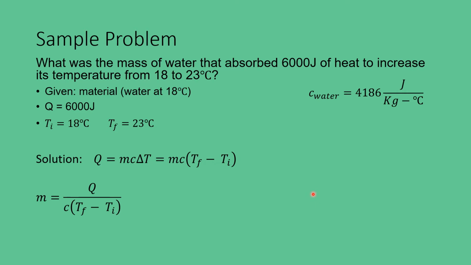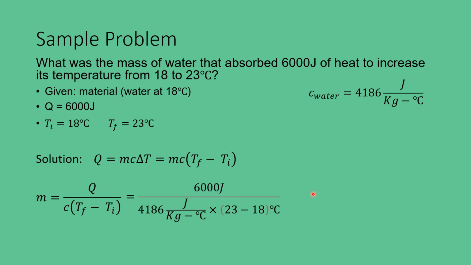So we can now substitute all of these values to our formula for mass, and this will become 6,000 joules all over the specific heat of water, 4,186 joules per kilogram degree Celsius, times the difference in temperature 23 minus 18 degrees Celsius.